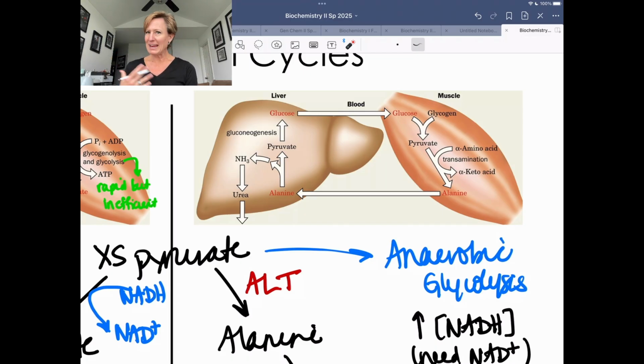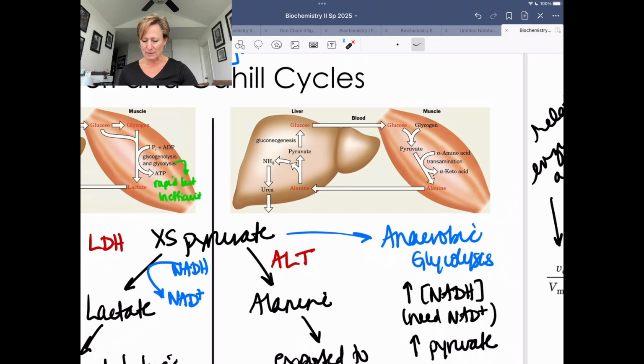Normal anaerobic fuel metabolism in muscles is going to export alanine. Alanine gets exported, and the liver is going to take it up. We're going to reconvert it into pyruvate by a liver isoform of that ALT, alanine transaminase. Gluconeogenesis reconverts it into glucose, and then we've got glucose that we can put back out into the bloodstream.